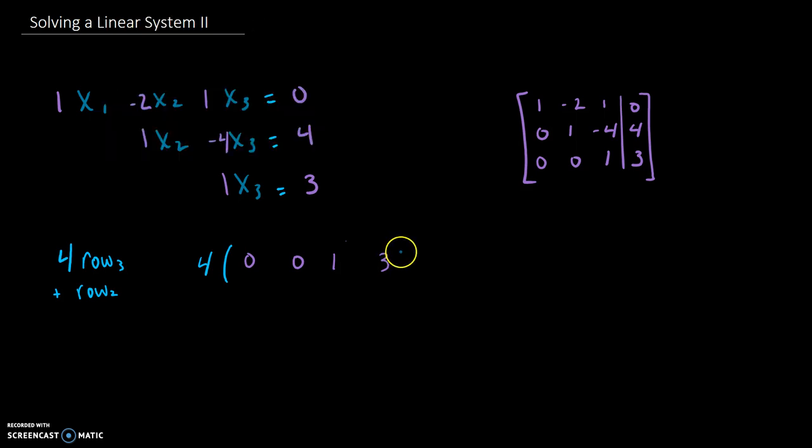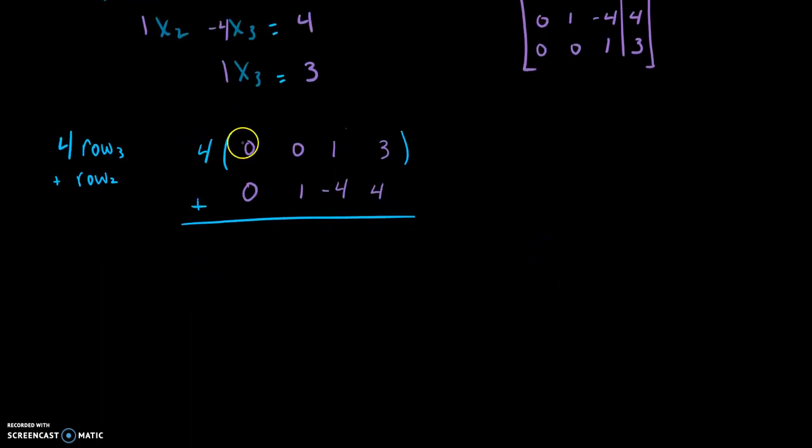Alright. And we're going to add that to 0, 1, -4, and 4. Well, 4 times 0, again, is just 0. So let's go ahead and say that. And then 0 plus 0 is 0.